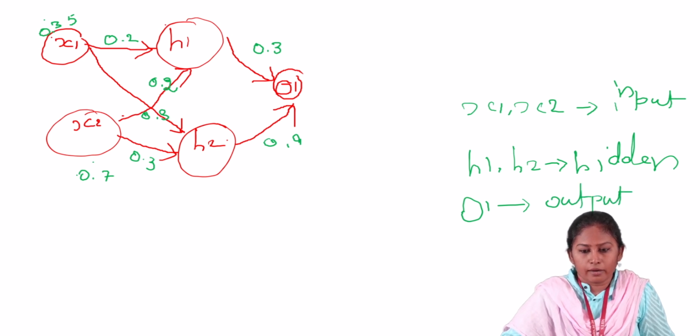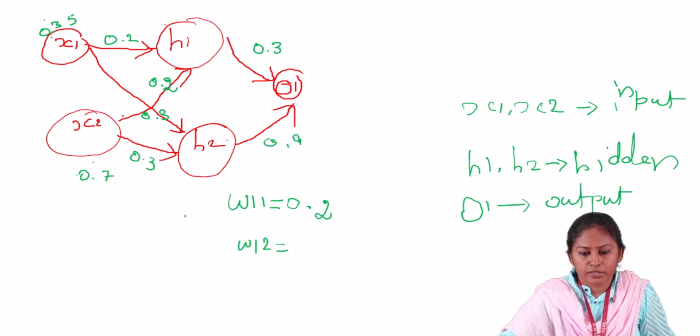Let me assume from X1 to H1 the weight W11 is equal to 0.2, then W12, that is X1 to H2, right?